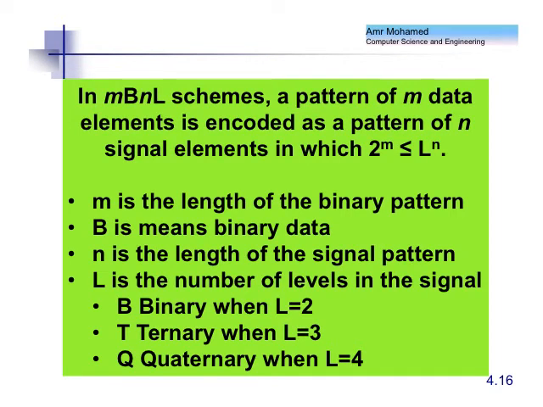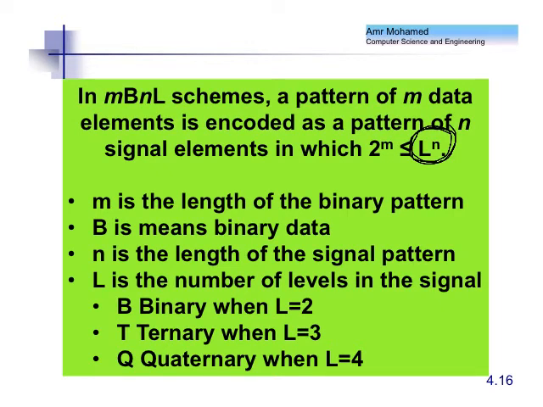And if you do the whole combination, then it's simply L to the power n, where L refers to the number of levels you have in each signal element, and n refers to how many signal elements you are using.